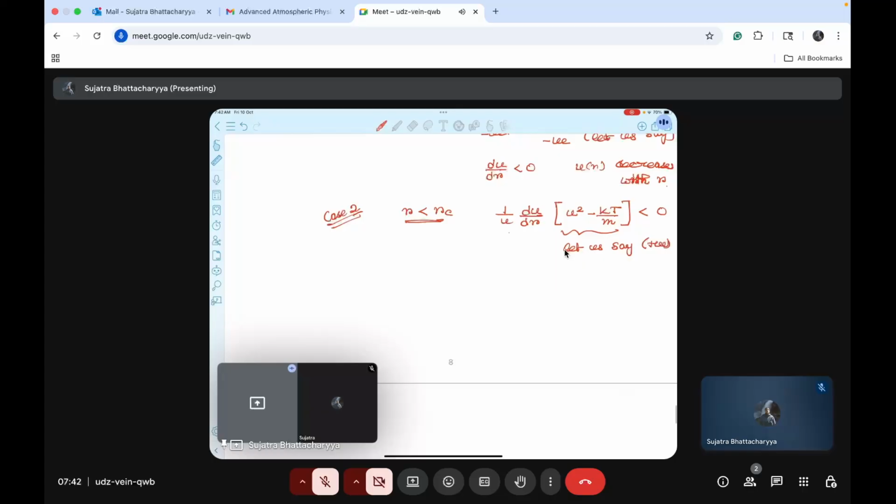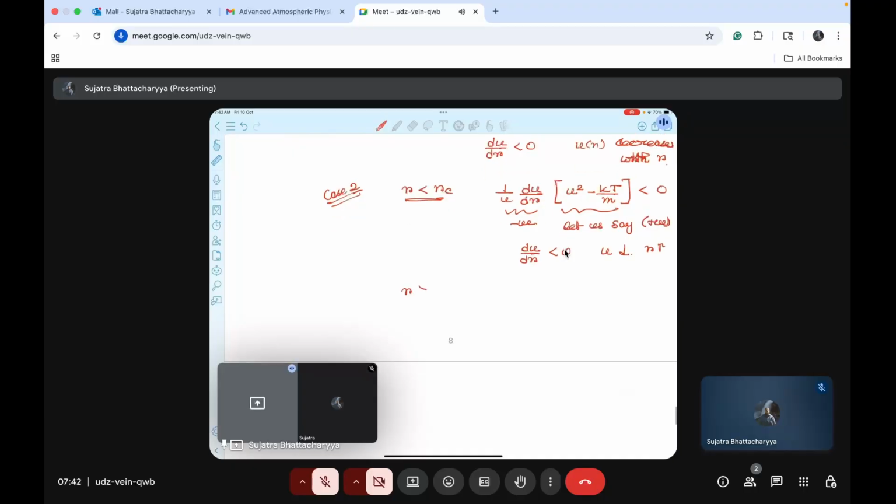If this is positive, this has to be negative. So du/dr is less than 0, so u decreases as r increases. And similarly, r greater than rc. So there are many possible cases. You have U square minus kT by m, which is greater than 0. So this now is still positive. This has to be positive. Therefore, du/dr is greater than 0.